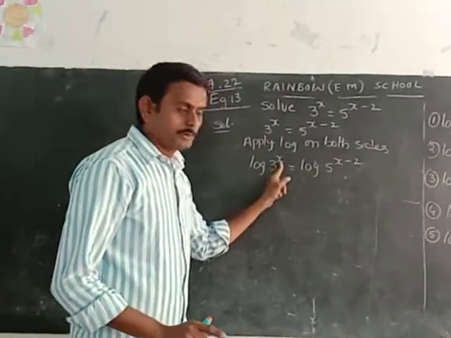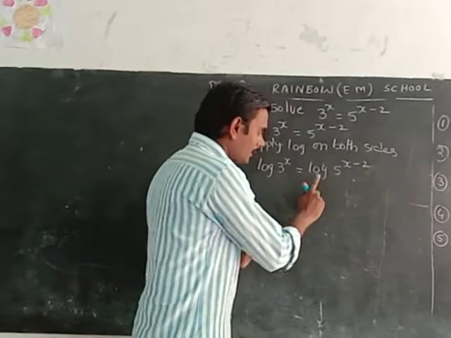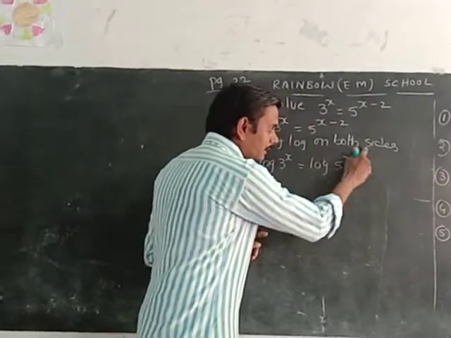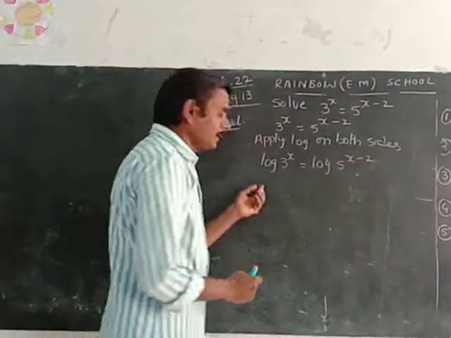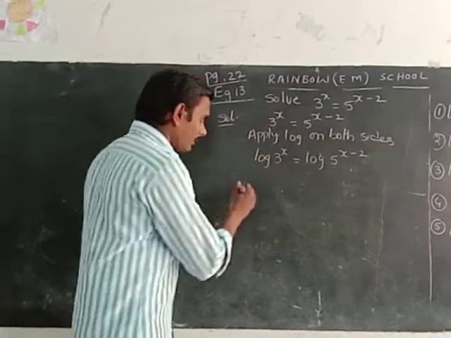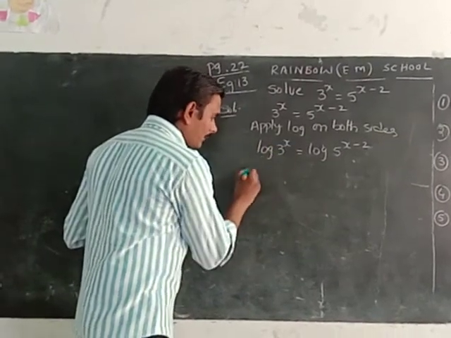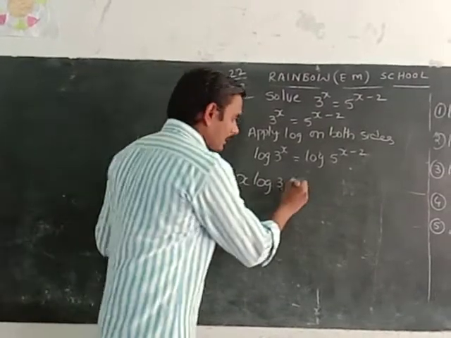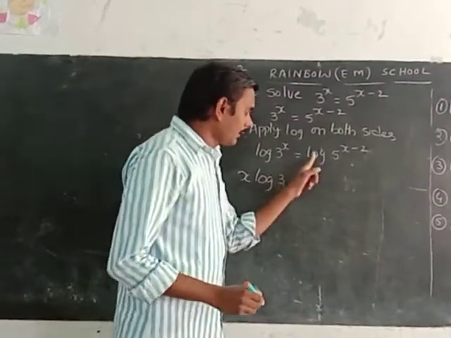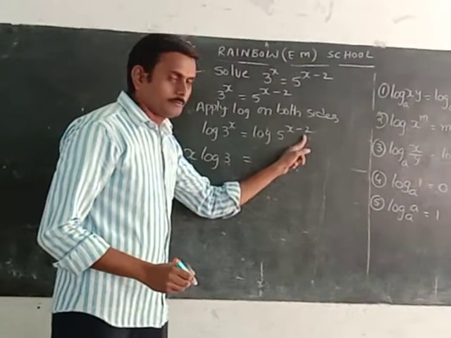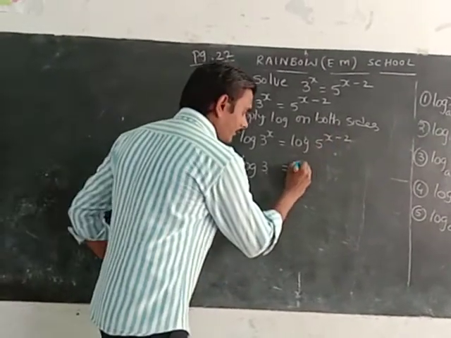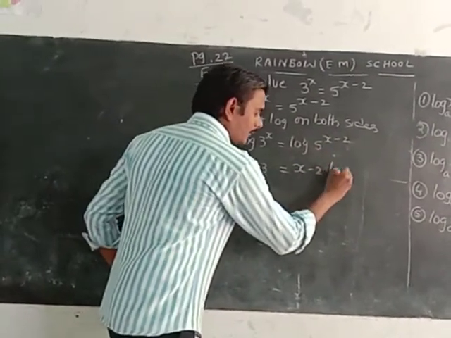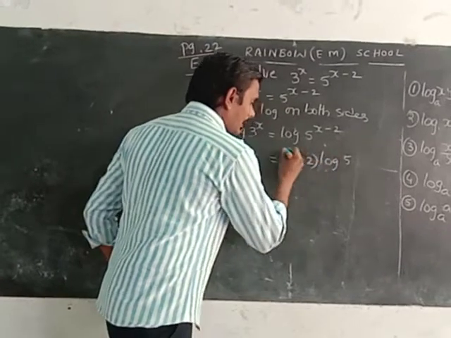Here m comes out in front, so m log x. That is equal to, here m is x minus 2, so we take x minus 2 log 5.